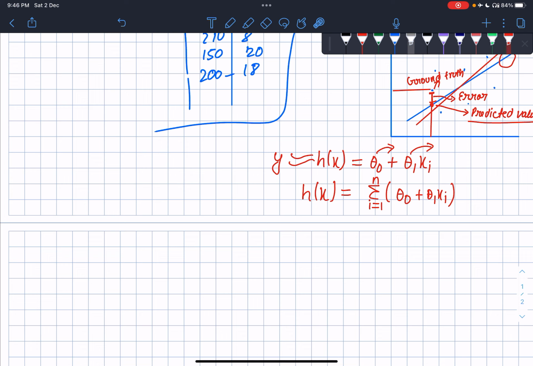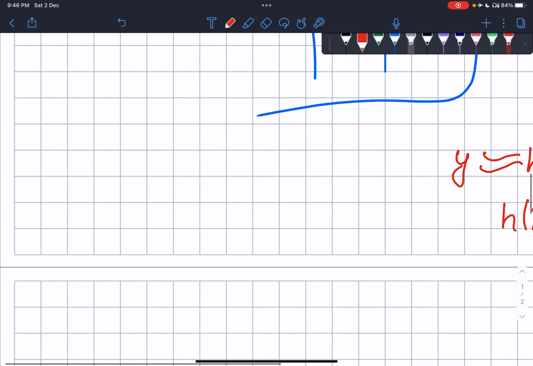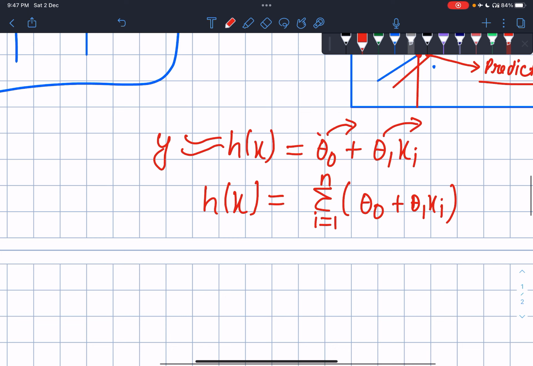By using the hit and trial method, by checking what the error rate is, how good our model is, and for which values of theta we are getting less error.